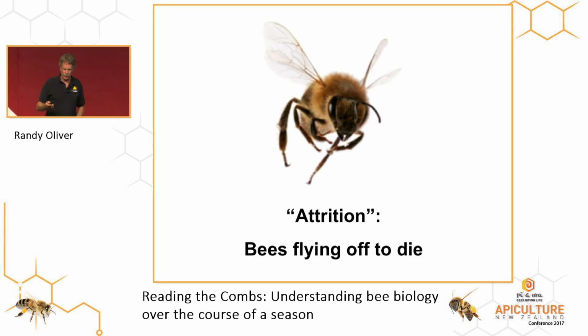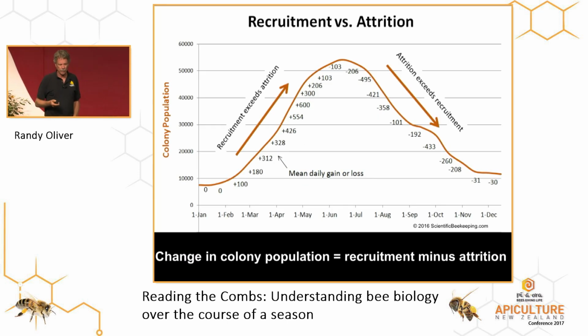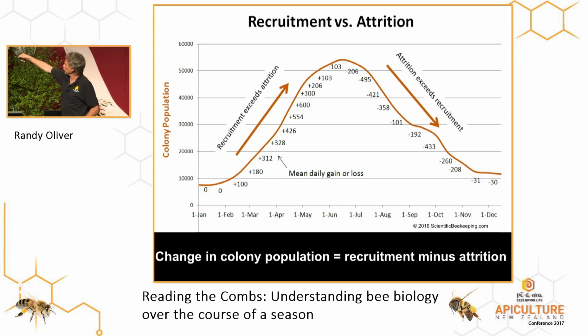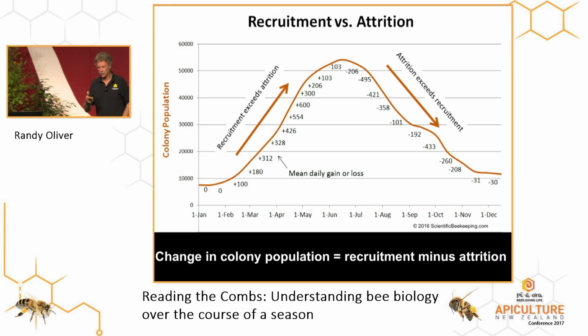But this happens all the time, this attrition of the bees flying off. When I plot out the math on this and look at the daily change in bees right here, you can see during the spring buildup, a good colony will build up at about 500 additional workers per day. So let me give you a little mathematics test right here.